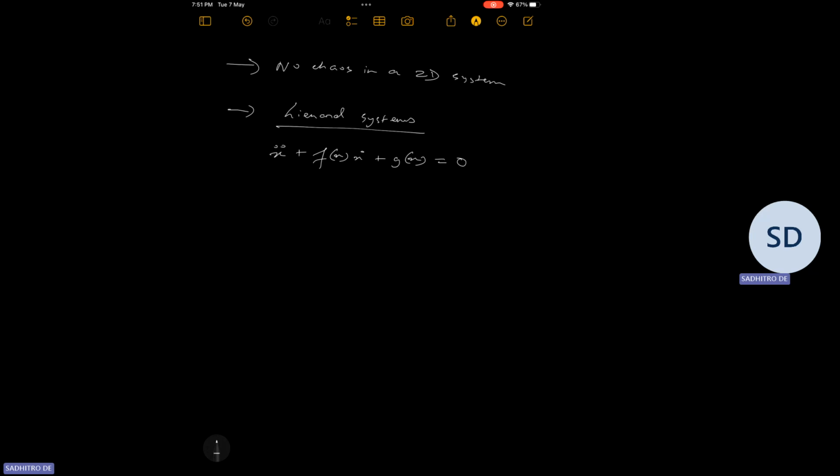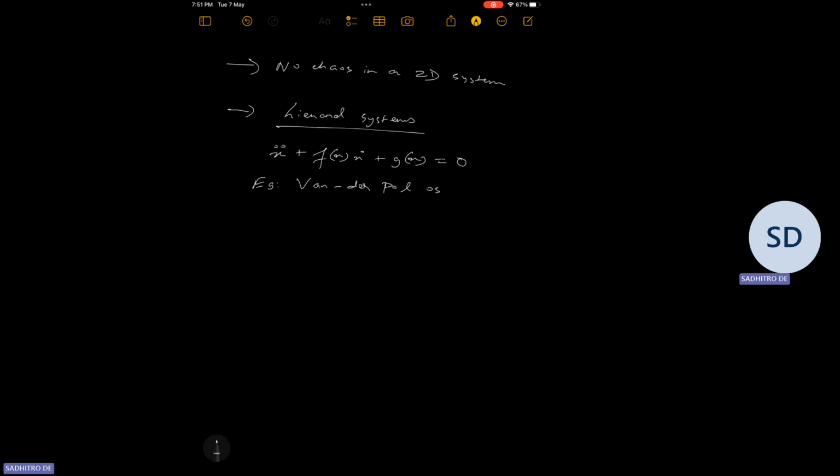So basically, Lienard systems are systems modeling nonlinear oscillators whose damping can be nonlinear and the restoring force can also be nonlinear. One example is the very famous van der Pol oscillator.